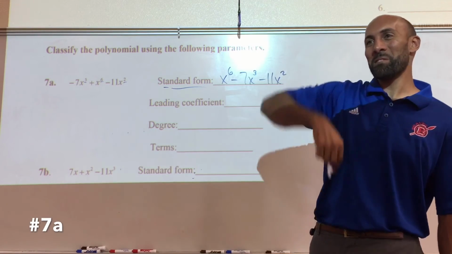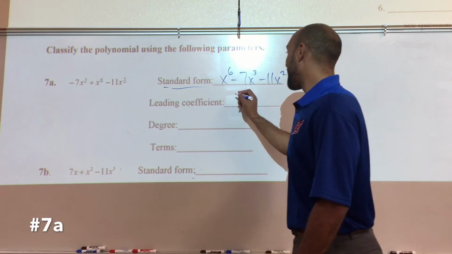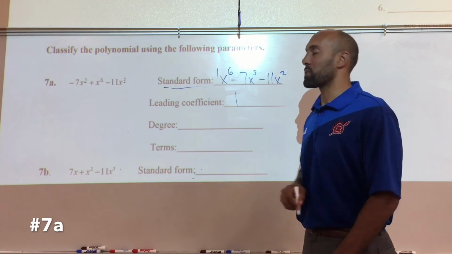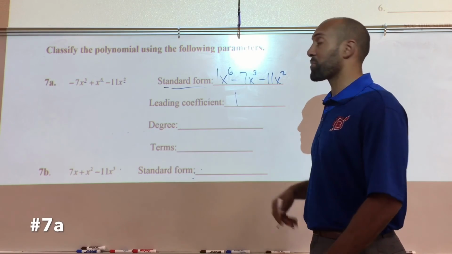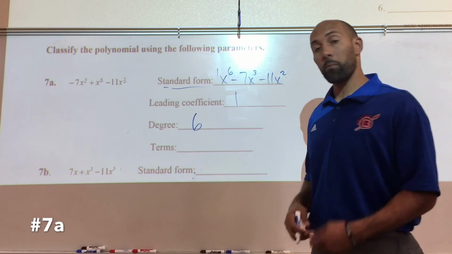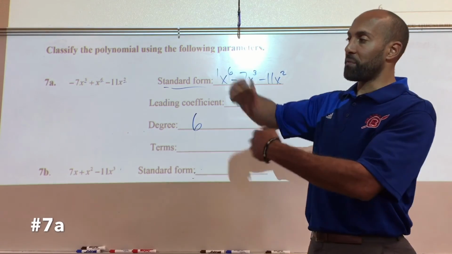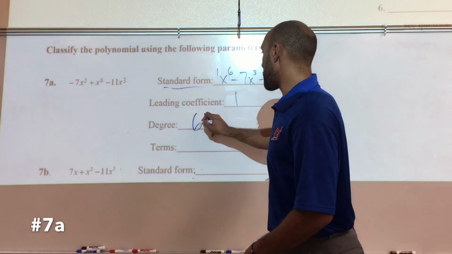All right, cool. So anyways, 1, because that 1 is the number in front. All right, so degree comes from the highest exponent, and the highest exponent is 6. And if you remember the term names, once we go past 5, it doesn't really have a name. It's just 6th, 7th, 8th, 9th degree.